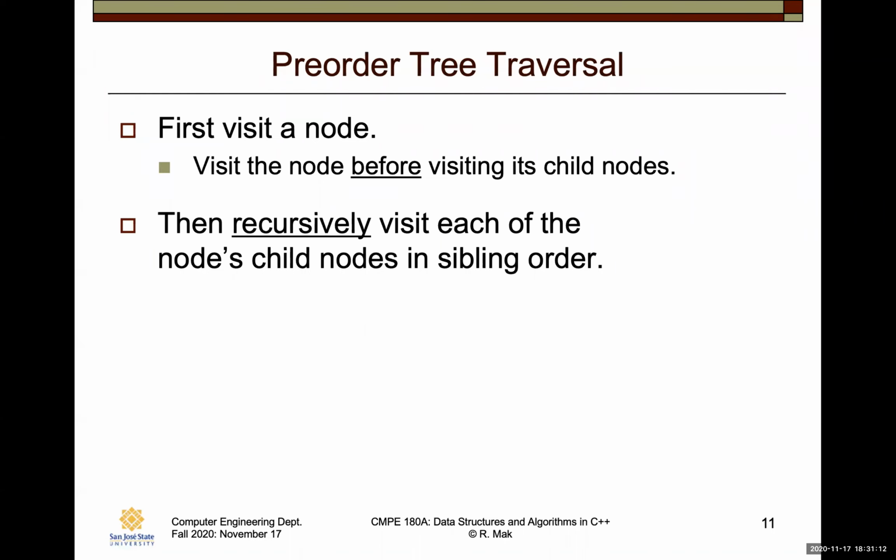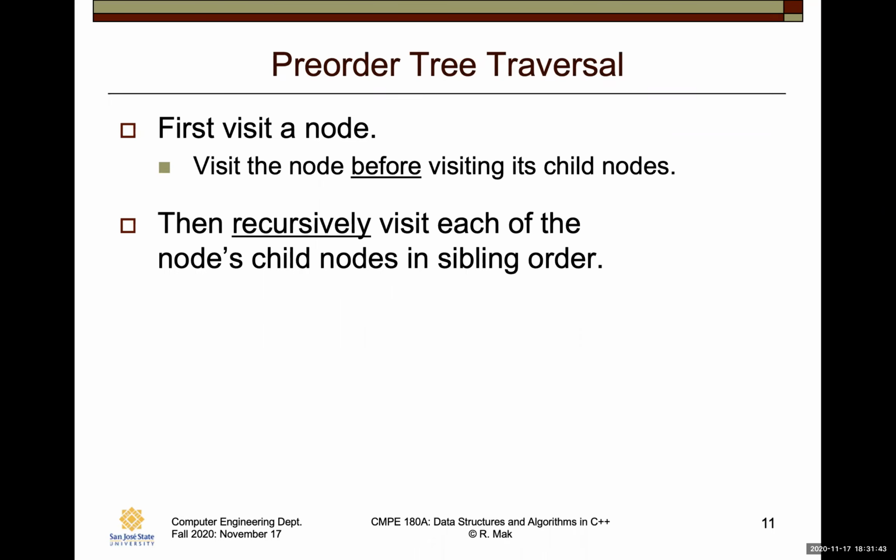Well, presumably you start with the root. You start with the root, but then from the root you can take various paths. Let's see what these various paths are. There is a term called pre-order tree traversal. Each of these tree traversal algorithms specifies the order in which you visit the nodes.